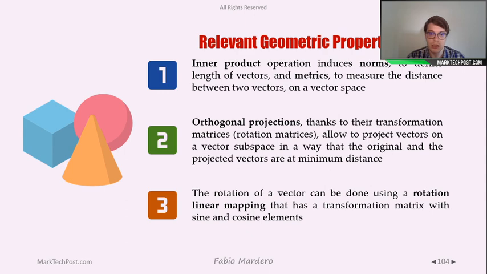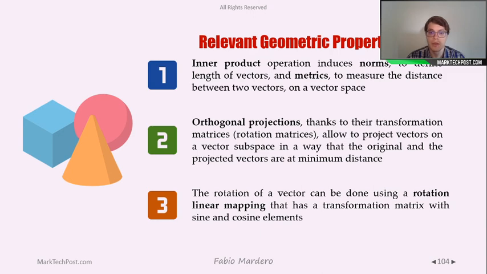In the other section, we've talked about orthogonal projections, and projection matrices allow us to project vectors on a vector subspace in a way that the original and the projected vectors are at the minimum distance.